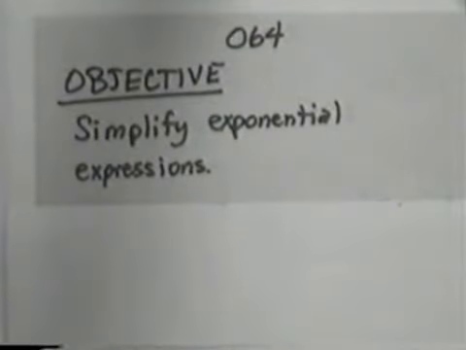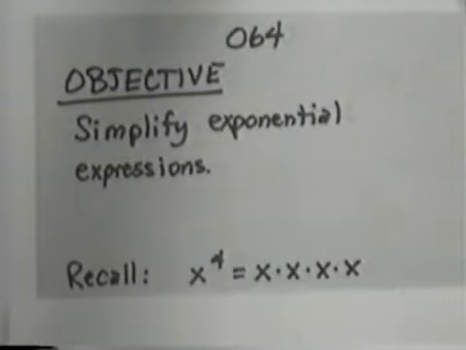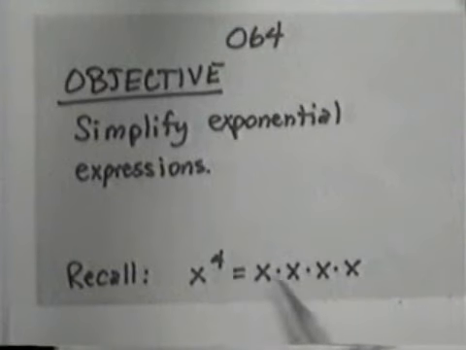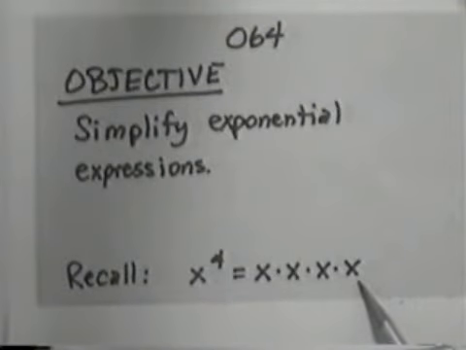The objective on this tape is to simplify exponential expressions. You should recall what an exponent means. For instance, you should recall that x with an exponent 4 means that x is multiplied by itself 4 times.